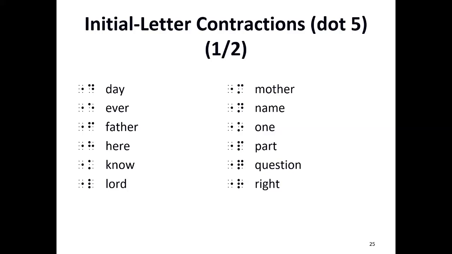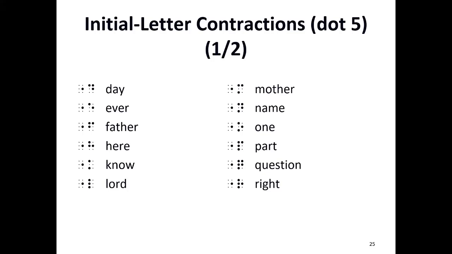Okay. Now there are a bunch of contractions that will use the cell before it to mark the next letter as a contraction. So some of them will use initial letter, they're called initial letter contractions. That's because the contraction or the word starts with the letter that is used in the contraction.